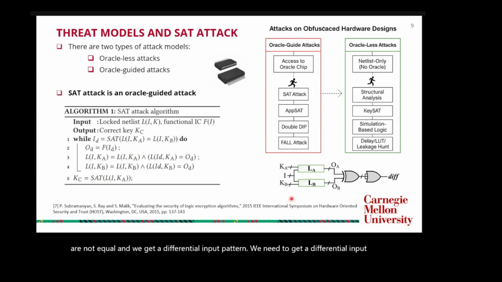So if we come to the SAT attack here, we have the locked netlist L, and we have the functional IC, which is the oracle, and we need to find the correct output. This is the MITRE that I illustrated here, and when we have the differential signal, we get the ID, called the differential input pattern. We take this differential input pattern and give it to the oracle, and we get one output.